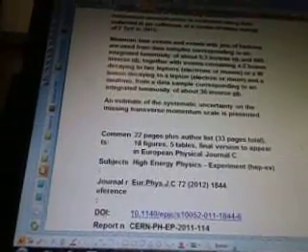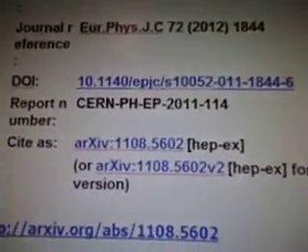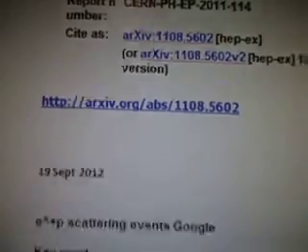An estimate of the systematic uncertainty on the missing transverse momentum scale is presented. And that's from High Energy Physics, and there's the reference number for it, okay? And there's the website that you can find it on.